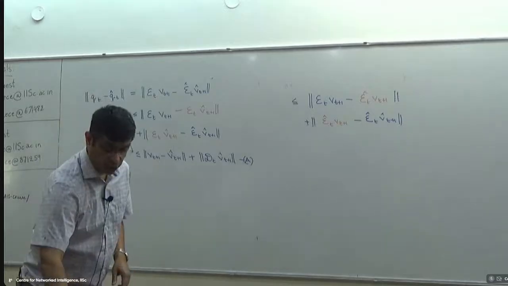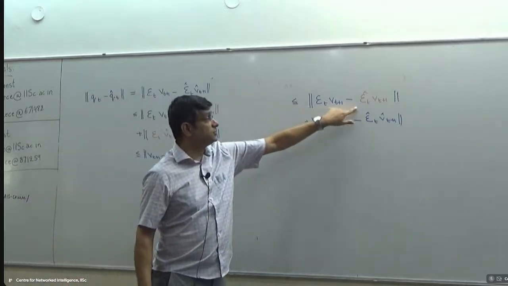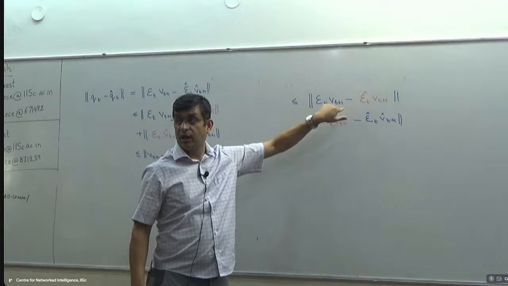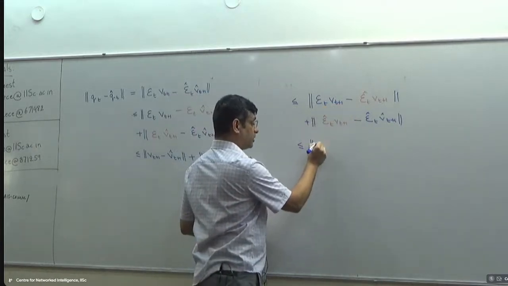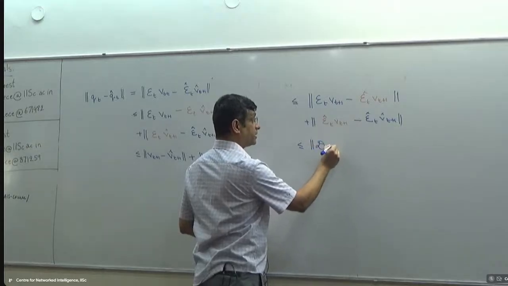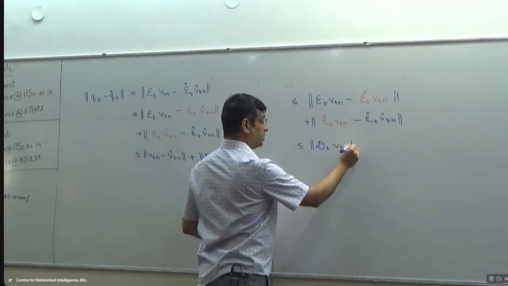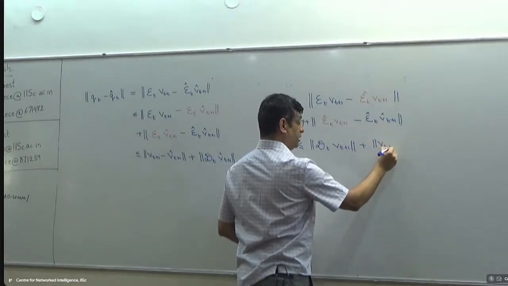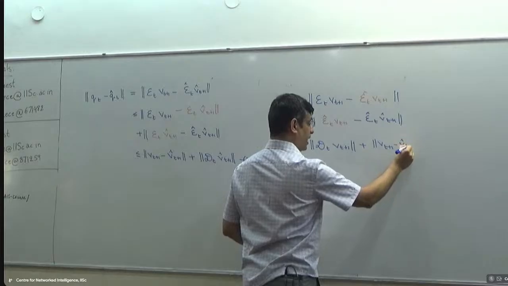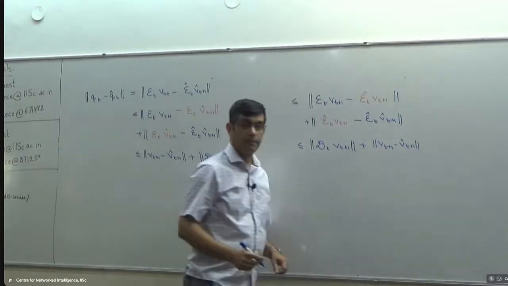If I do this, now this is something with the same value function and different operators. So, I will get this is less than or equal to the mismatch operator applied on V_{t+1} plus, this is non-expansive, V_{t+1} minus V hat_{t+1}.